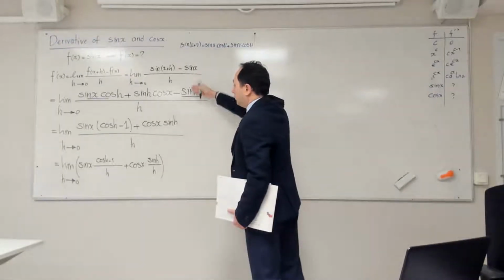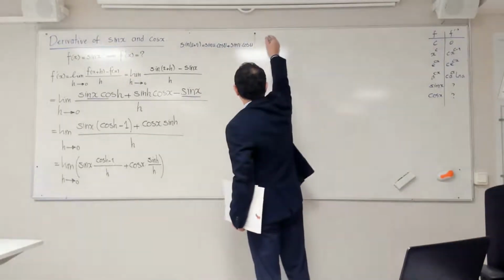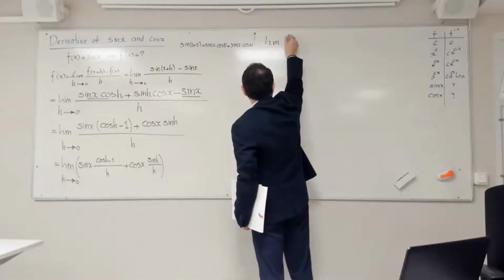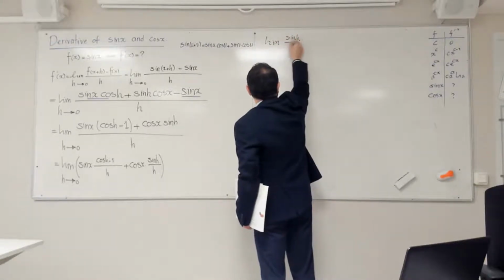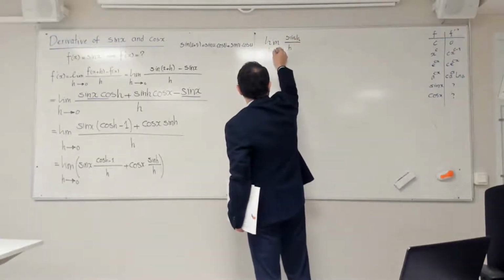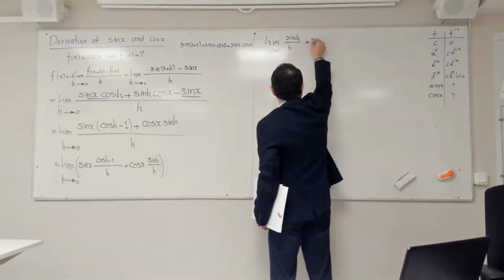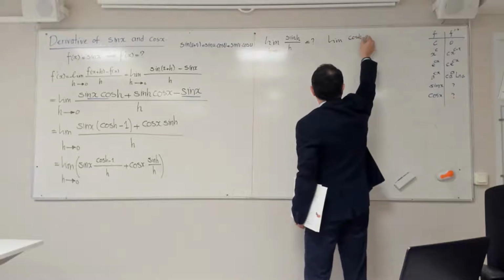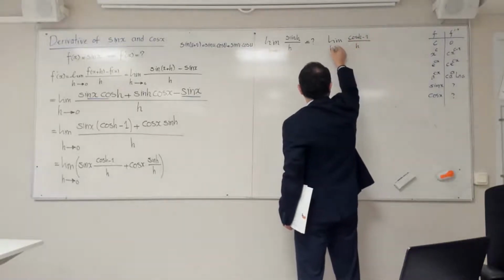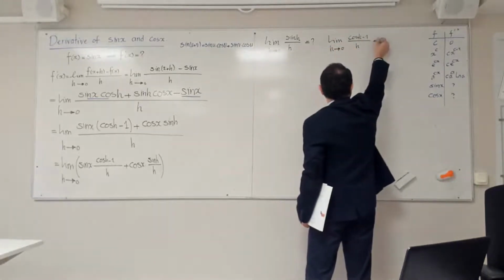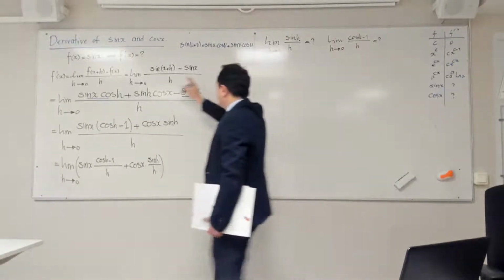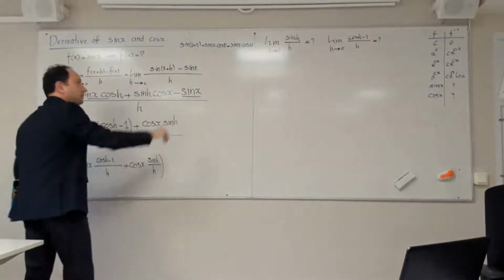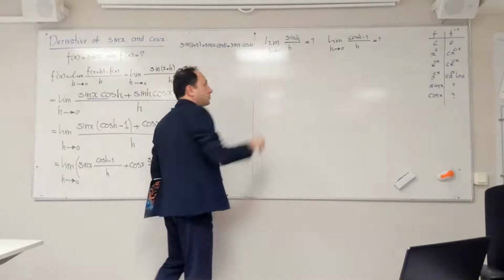So calculating this limit boils down to these two limits. If I can answer this limit when h goes to 0 and this limit, then I am done. So now I forget momentarily about the problem itself and focus on answering these question marks.